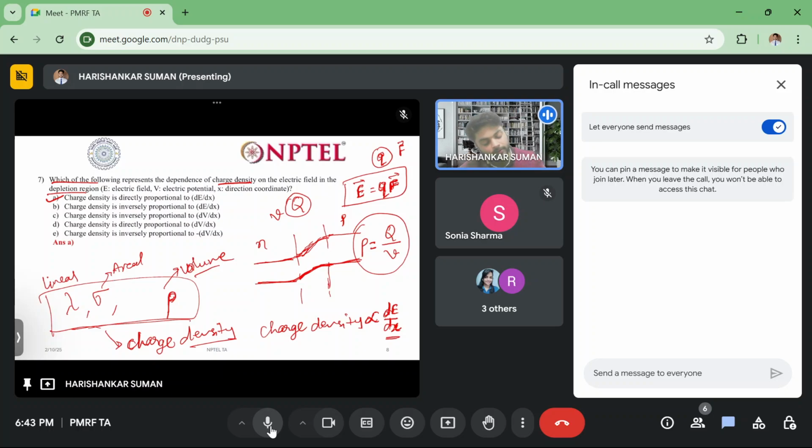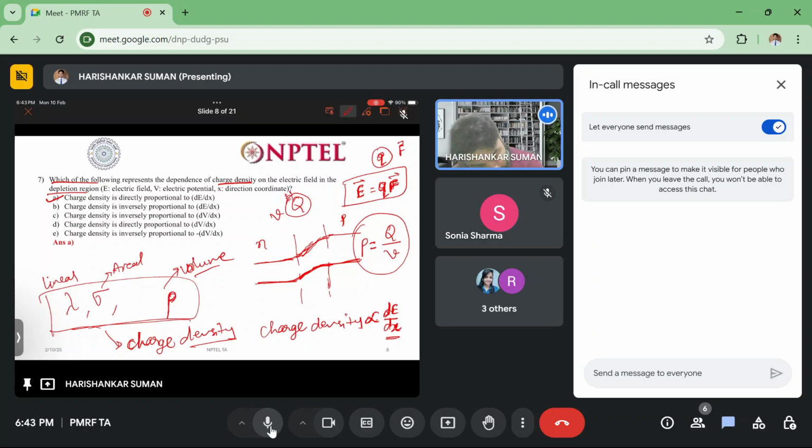So in this way you can correlate density from the charge. Let's say this unit volume delta V, the charge is delta Q. Charge density will be same everywhere.